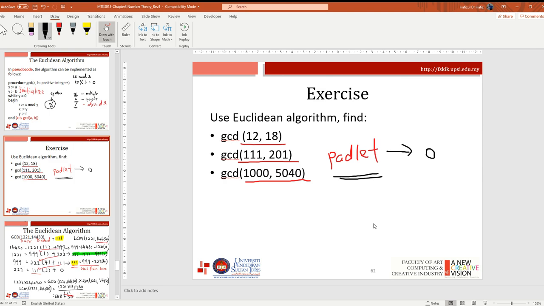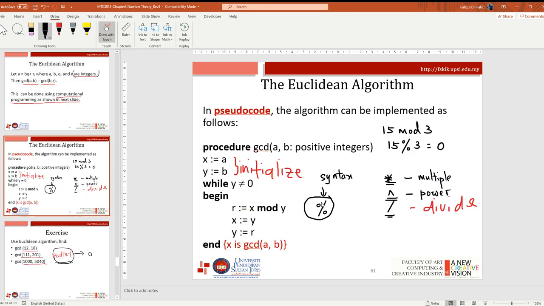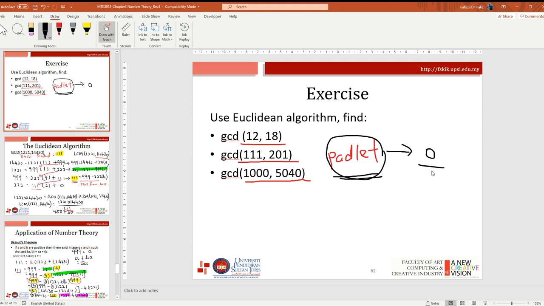Okay, for the exercise, use the Euclidean algorithm to find the GCD of 12 and 18. Use the Padlet, and please be reminded that the last non-zero remainder is the one before you get 0.